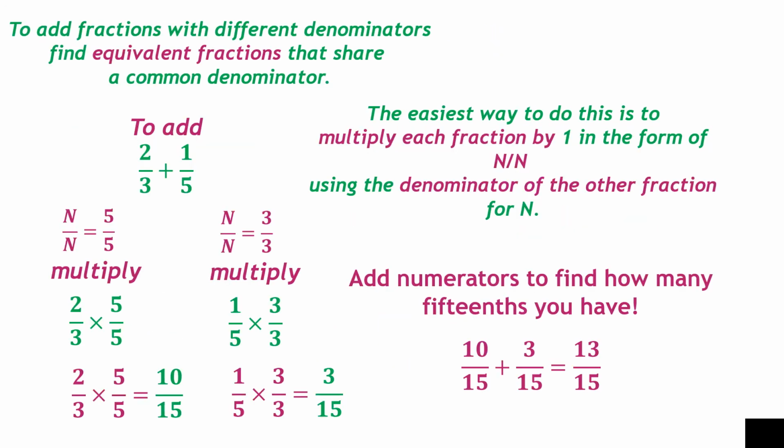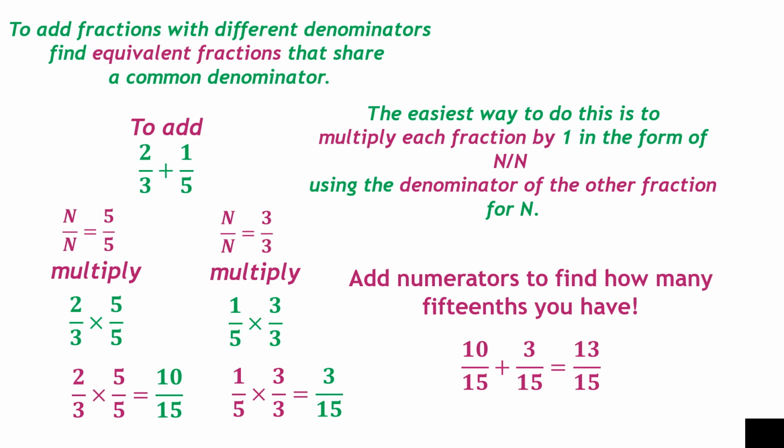So one more time. To add fractions with different denominators, we find equivalent fractions that share a common denominator. The easiest way to do this is to multiply each of the fractions by 1 in the form of n over n, using the denominator of the other fraction for n.